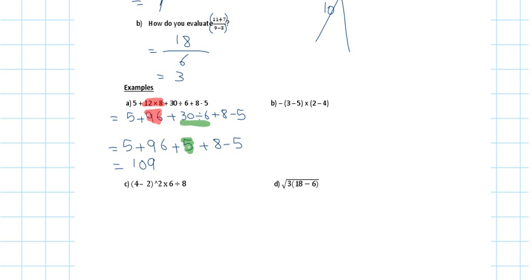All right. Let's look at B. What do you want to do first? Inside the brackets, yes? So 3 minus 5 gives me 2 minus 4.